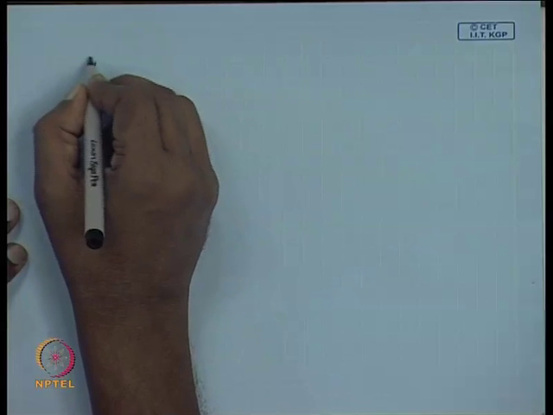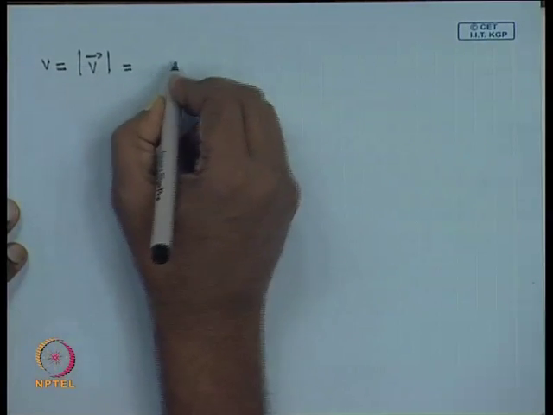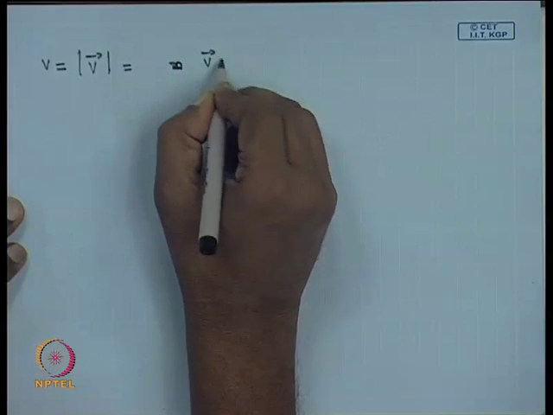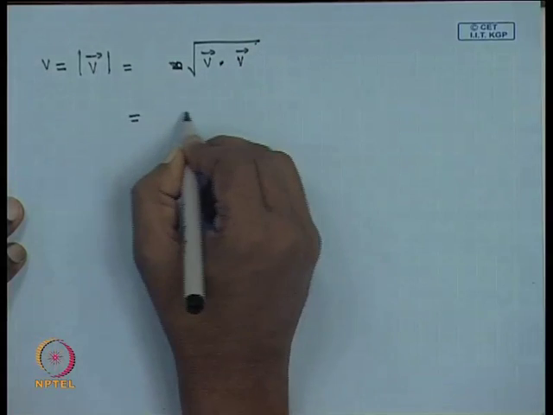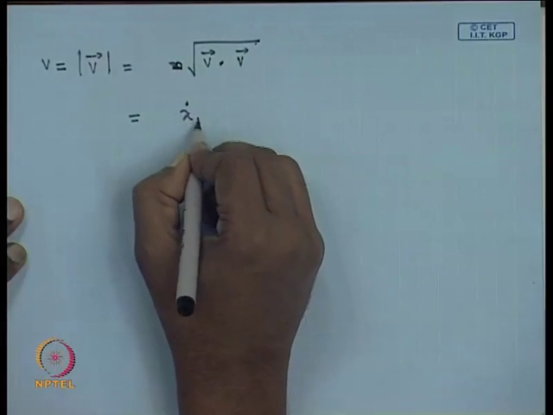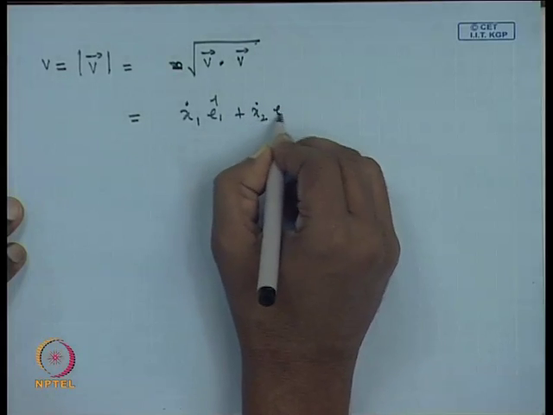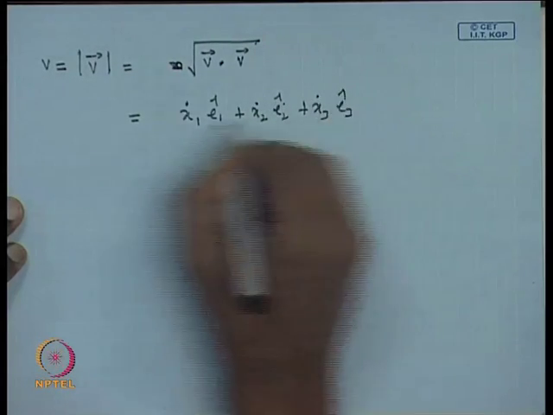Okay. Magnitude of the velocity vector, which we write as V, this will be nothing but the dot product of V dot V under root. So, we can take the dot product now, x 1 dot E 1 cap plus x 2 dot E 2 cap plus x 3 dot E 3 cap.